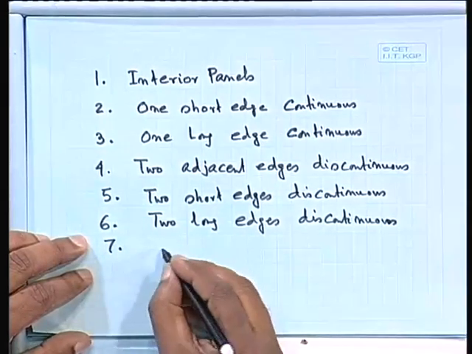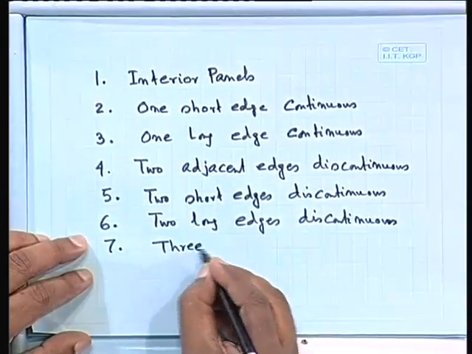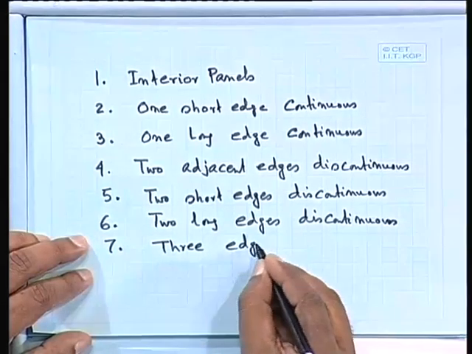Number 7, 3 edges discontinuous, that means these are the different cases possible.